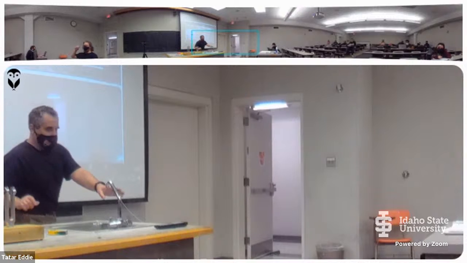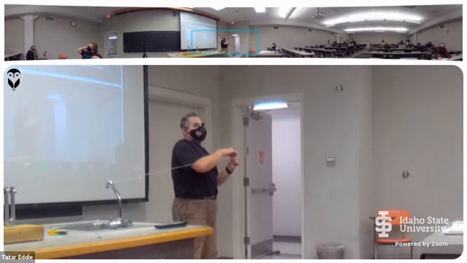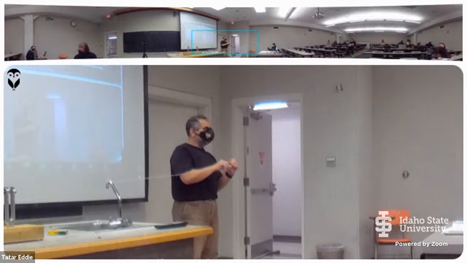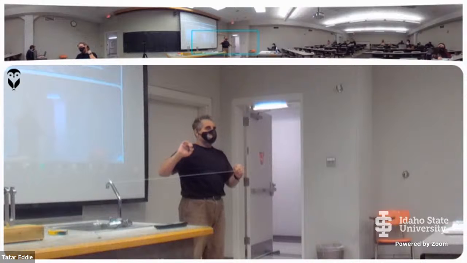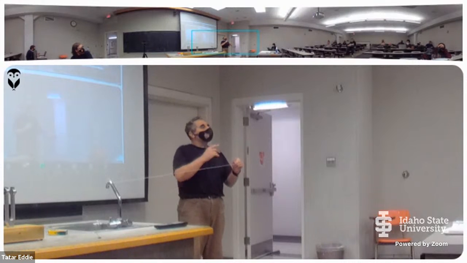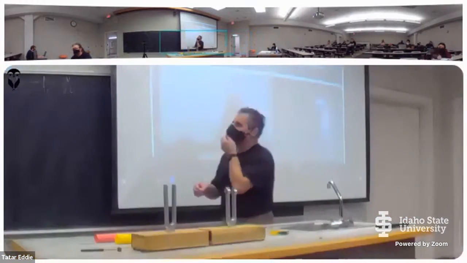Well, now the same string, but now I can try a different frequency, different from the frequency at which I initially discovered the stable standing pattern. And again, the experiment shows that if I double the frequency, I'm going to observe another standing pattern that looks like this.